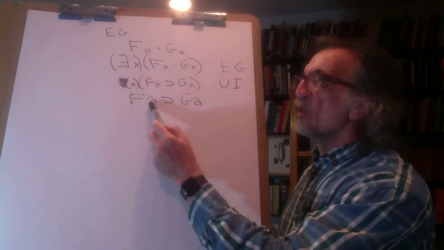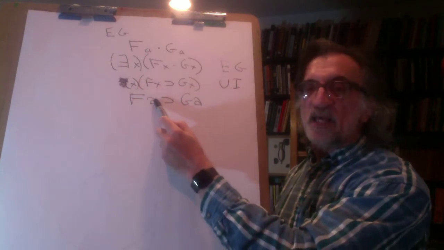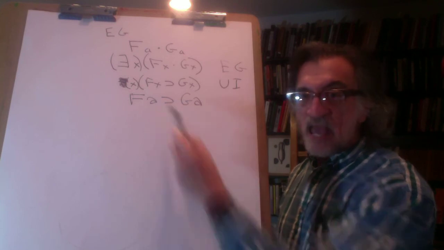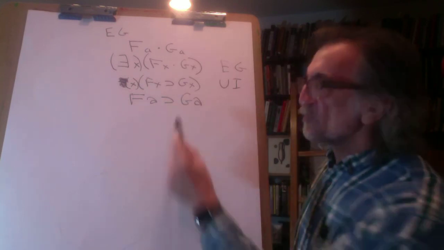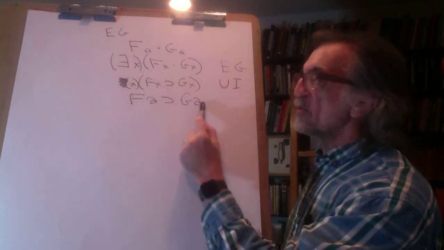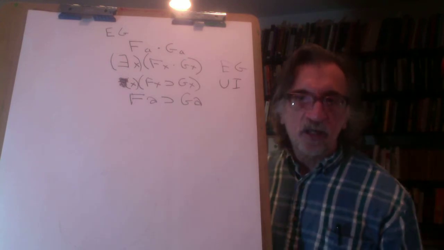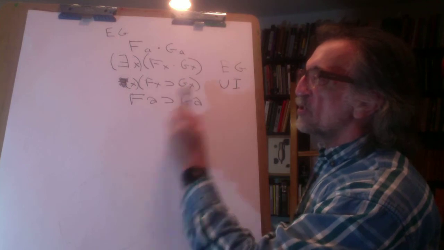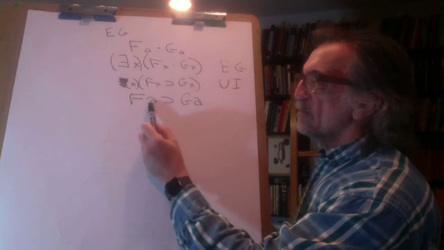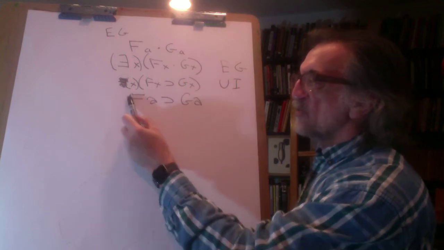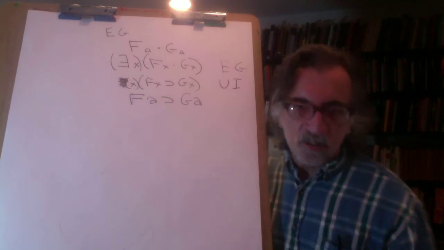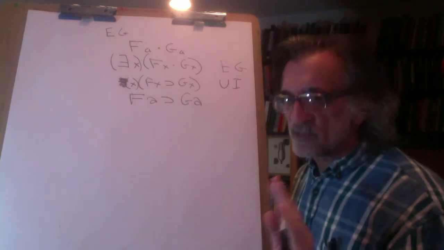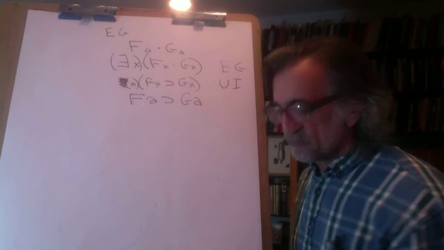Well, if it's true of all of them, then you can just pick anything at random, any name, let's call it a, and say if it's true for all of them, then it's true for a. If all philosophers are good, then if a is a philosopher, then a is good. I understand that philosopher doesn't begin with the letter F, but it simplifies things here.